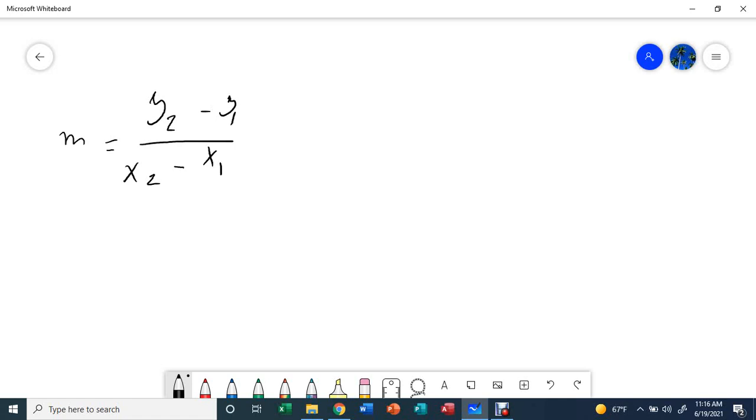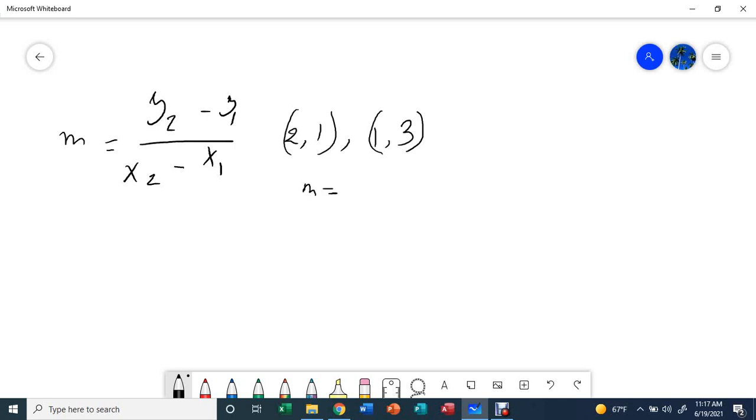So for example, if we have 2 points, (2, 1) and (1, 3), and we want to find the equation of the line that passes through these 2 points. First of all, let's find the slope.